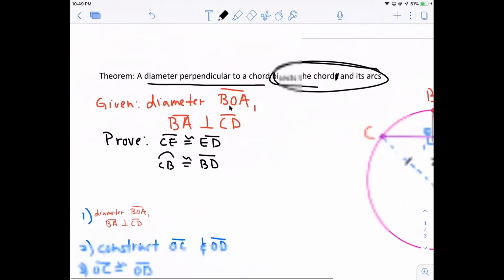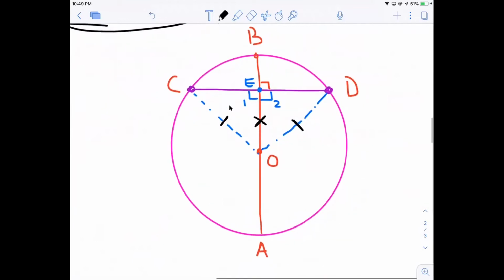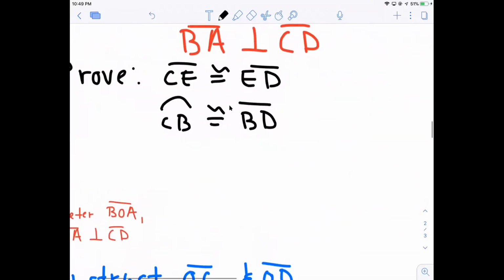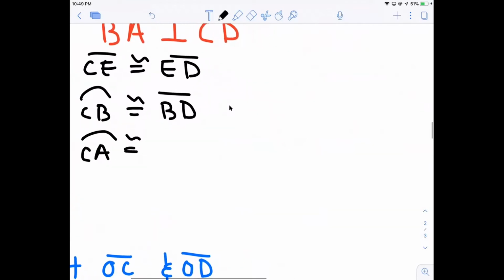But like we talked about before, you could think of it as bisecting this arc as well. So both the minor arc and the major arc get bisected. So we should also really prove that arc CA is congruent to arc DA.